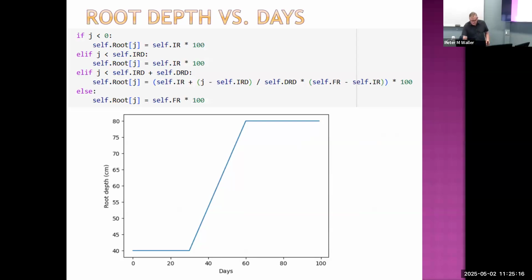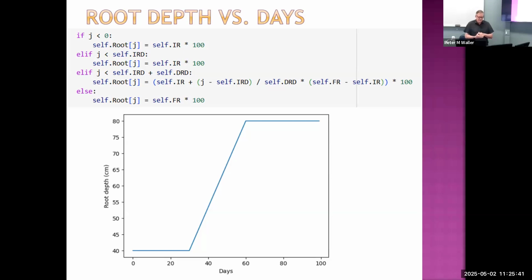Okay, then I had to do my root depth. What's often done with roots is you say the roots follow the crop coefficient curve. With our modeling, we usually start with our roots 40 centimeters deep, and the idea behind that is the roots are going to grow down to 40 centimeters anyway.